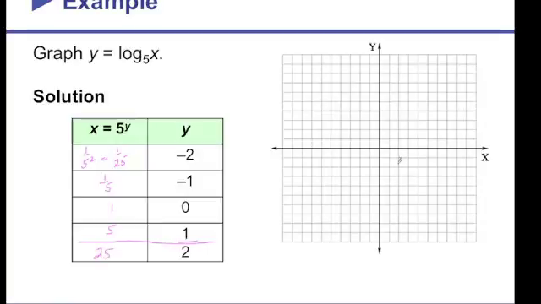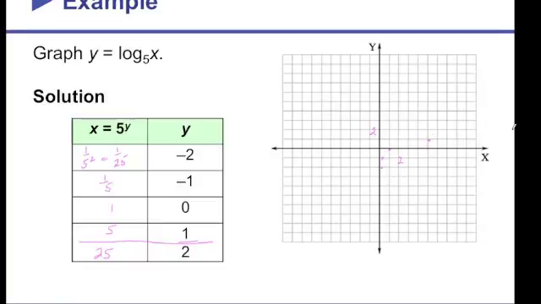Graphing these, I'll number by 2's. We have 1/25, negative 2. So it's really, for this size, just right next to the axis. 1/5, negative 1 would be also very close. 1, 0. 5, 1.